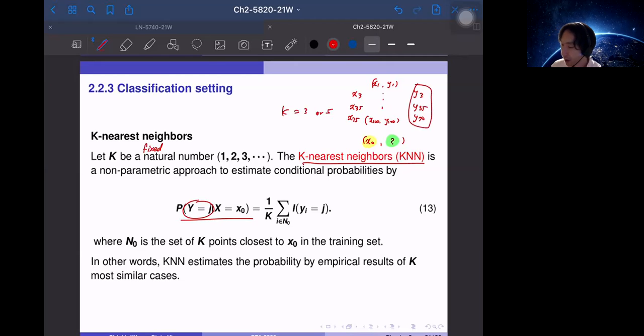Based on these observations, we decide the probability. If two of them are equal to 2 and one is equal to 3, then we can say the probability of y is equal to 2 given x is equal to x0 is 2/3, and the probability of y is equal to 3 given x is equal to x0 is 1/3. So this is the k-nearest neighbors. Just pick up the k closest observations.